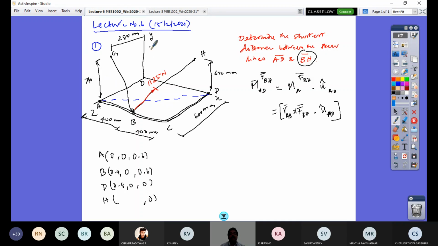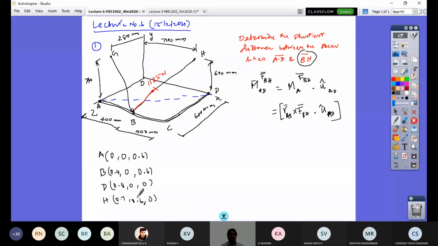So consider this distance as 700 mm. So X is 0.7, Y is 0.6, 0. So I have written down the coordinates required.